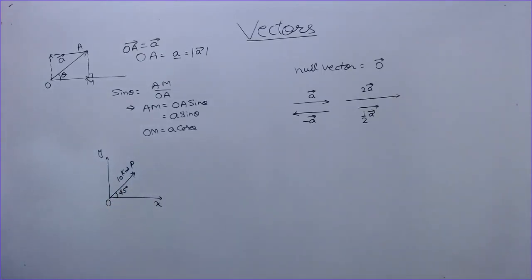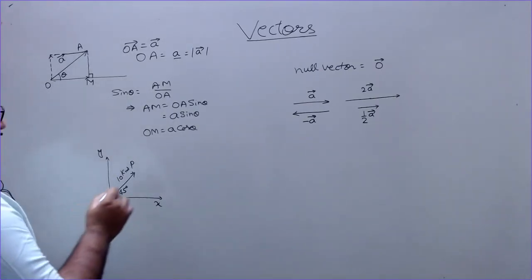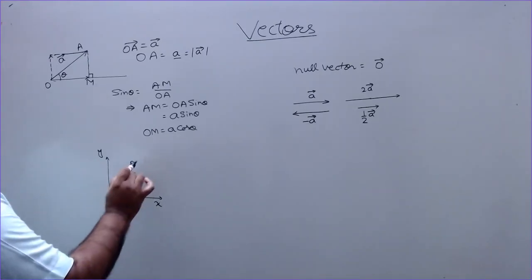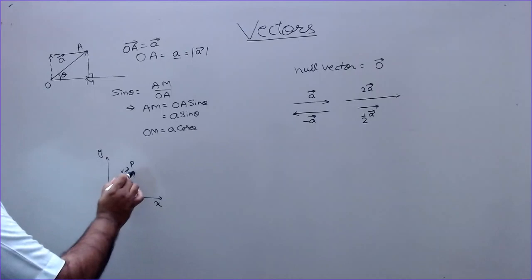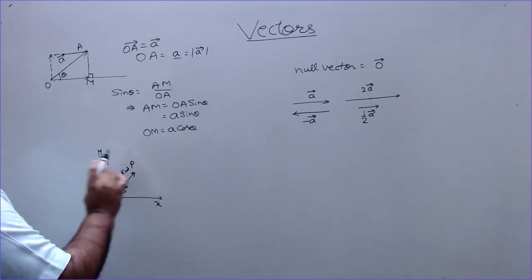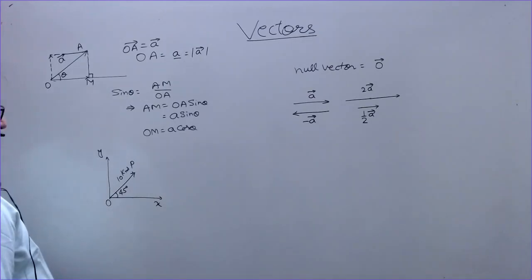You say that you are going from O to P, 10 kilometers in the northeast direction. So what is your exact position? The vector is 10 kilometers in this direction. So this is the displacement. If you move like this, that will be the distance. So here we have to show the displacement. So displacement is 10 kilometers in the northeast direction.